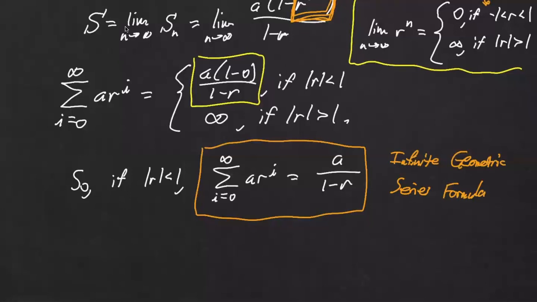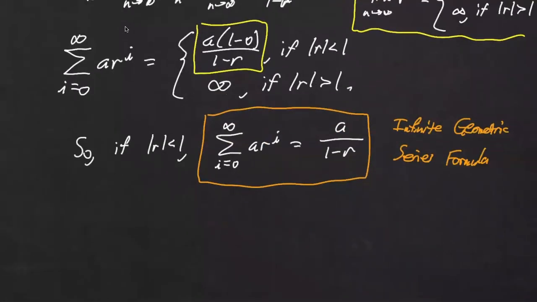Right, and then if the absolute value of r is greater than 1, then we know it's going to diverge.